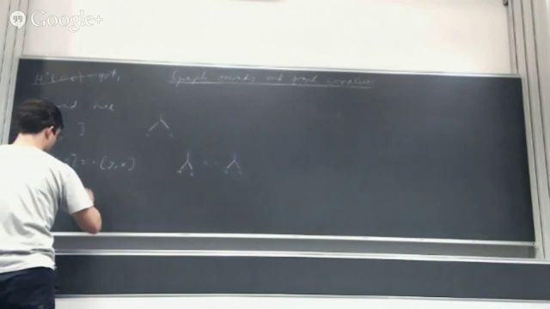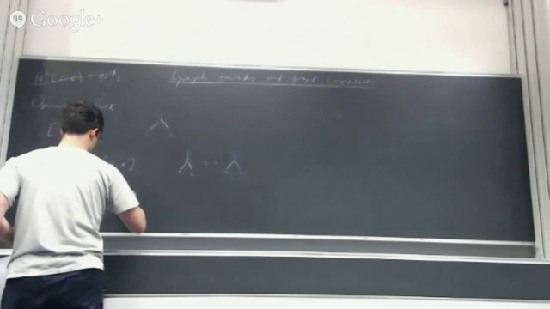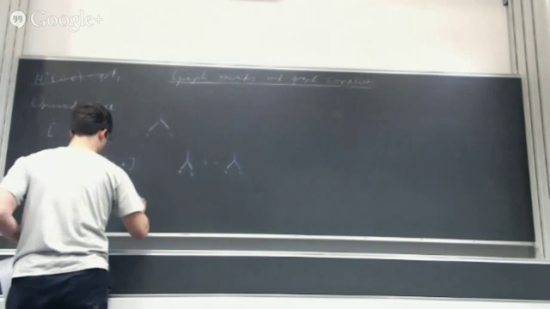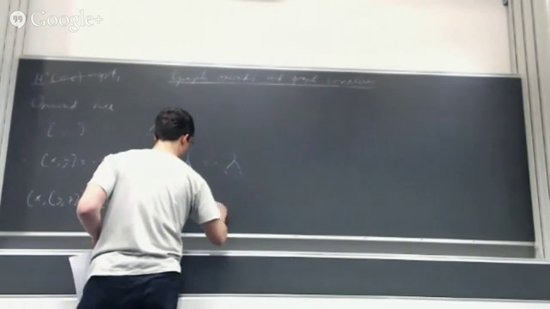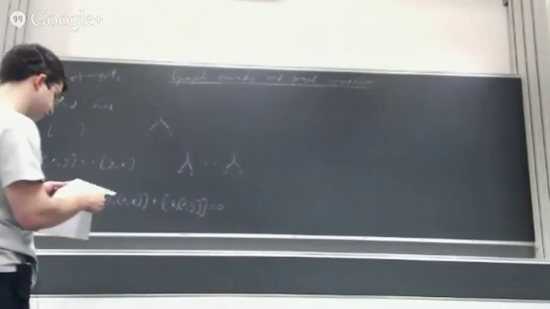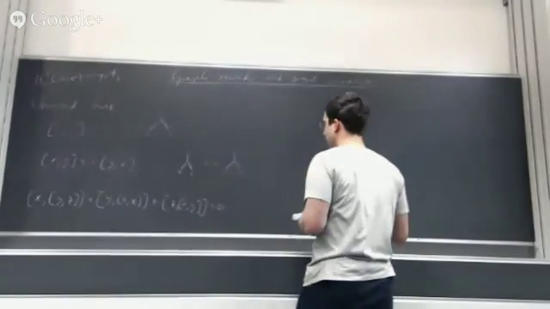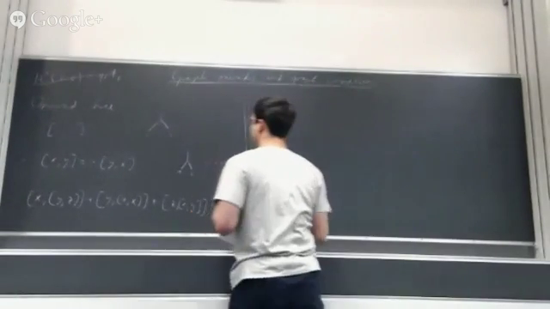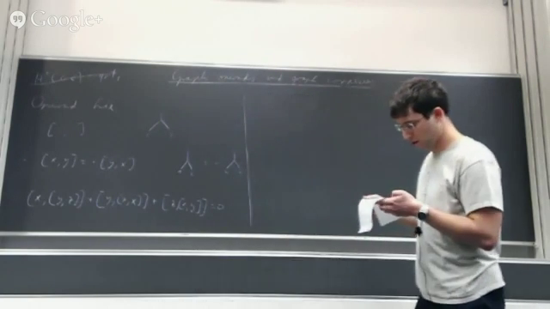And Jacobi identity: [x,[y,z]] plus [y,[z,x]] plus [z,[x,y]] equals 0. Or I can draw it like this, but I won't.